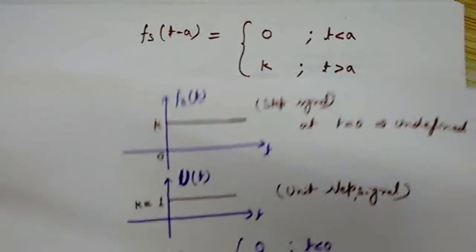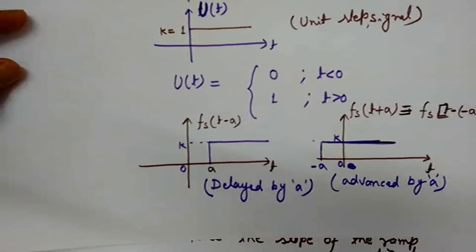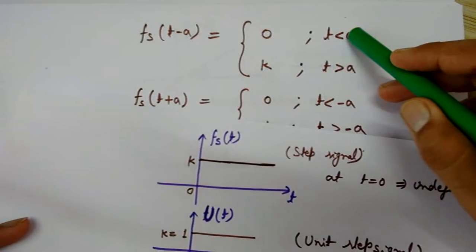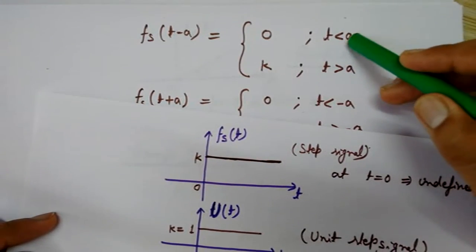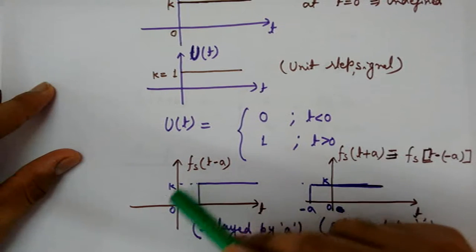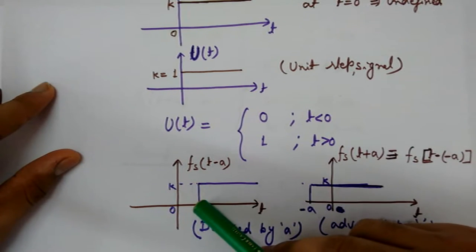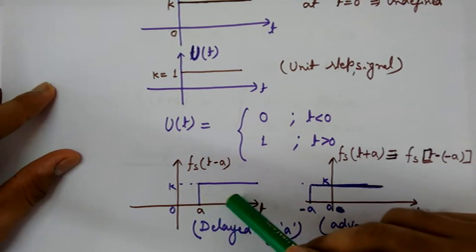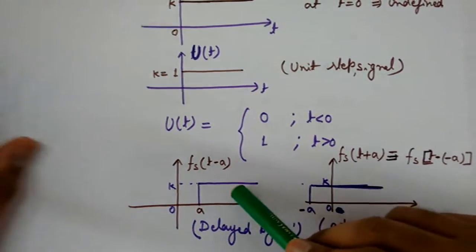As you can see here, for values of t less than a, it is 0, but for values of t greater than a, it is equal to a constant value k.